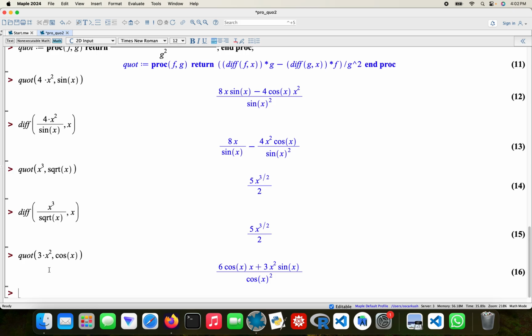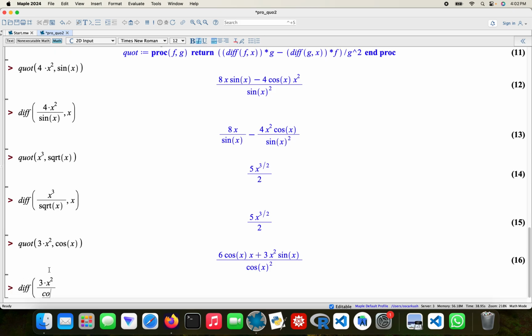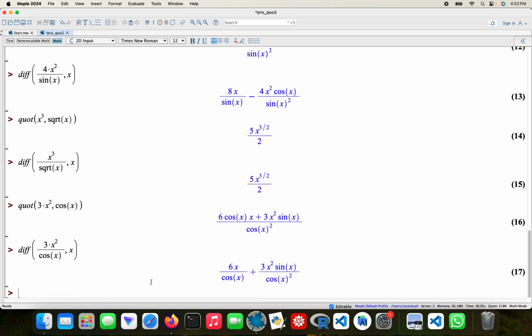Then diff, 3x squared divided by cos x with respect to x. Okay.